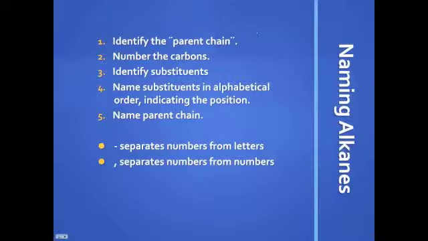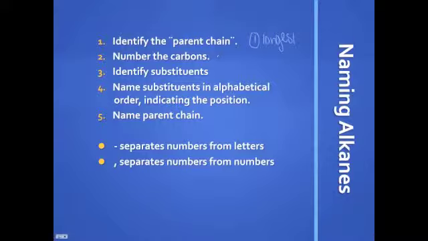So the first rule for naming alkanes in the IUPAC rules is identifying the parent chain, which is the longest chain of carbon atoms. Then we will need to number the carbon atoms starting from the side which is closest to the substituents.